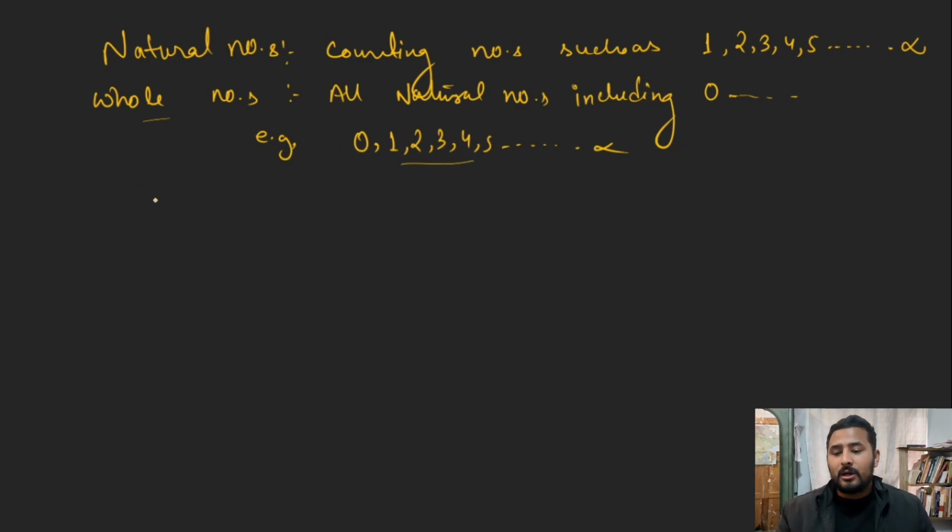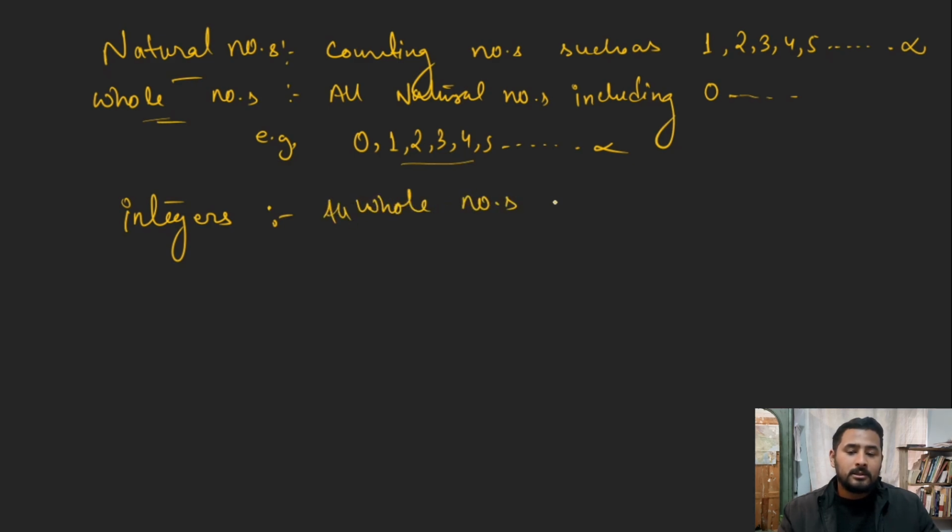Okay, next we have integers. So what are these integers? Now let us see integers. When we have natural numbers, whole numbers, and also negative numbers. Okay, so you can write as all whole numbers and also negative numbers.